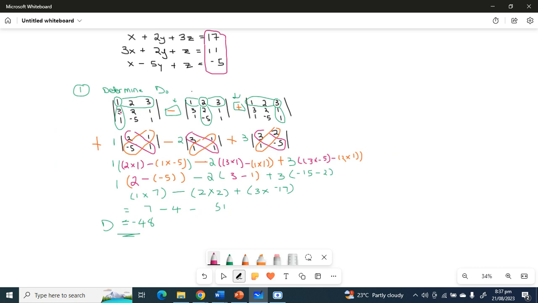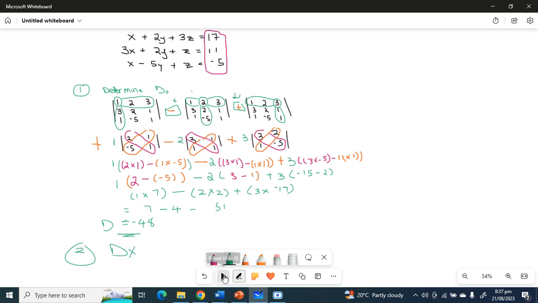When we try to find the determinant of y, the y column will be replaced by this 17, 11, and negative 5. And when we find our determinant for z, the z column will be replaced by 17, 11, and negative 5. So in step 2, we determine dx.